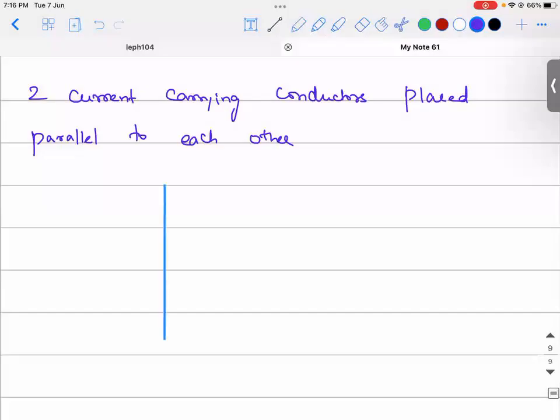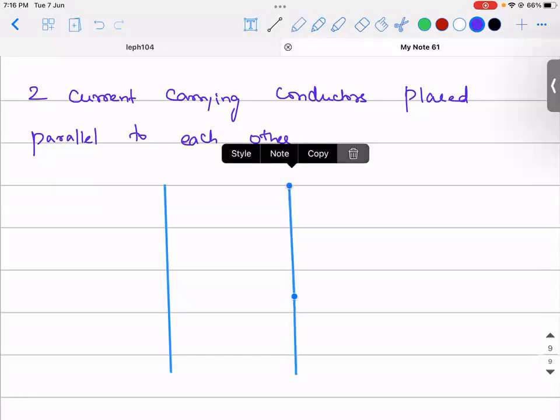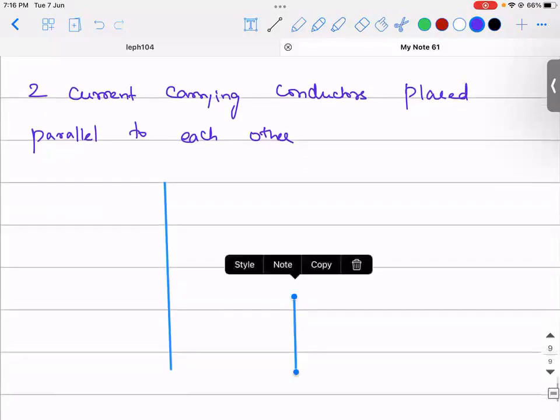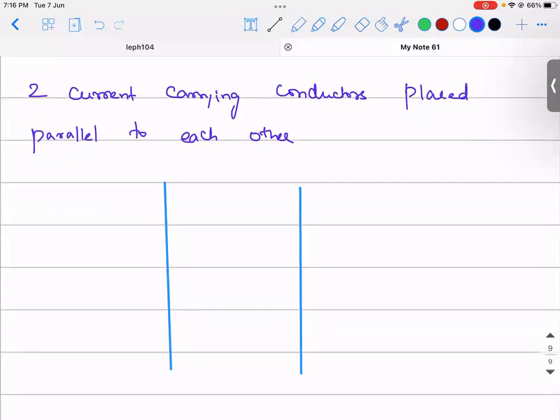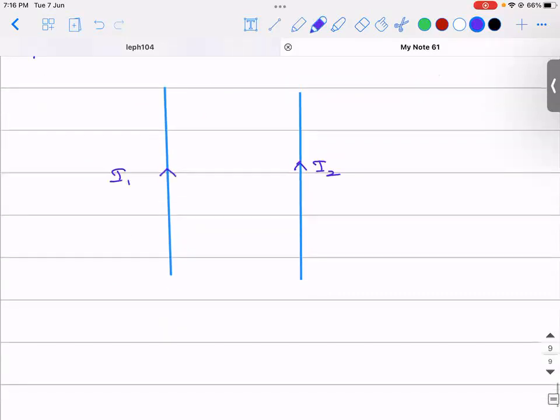Suppose I have this to be one current carrying conductor and this to be another current carrying conductor. Let's say the current in both these conductors is flowing in the upward direction, and the distance of separation between them is d.